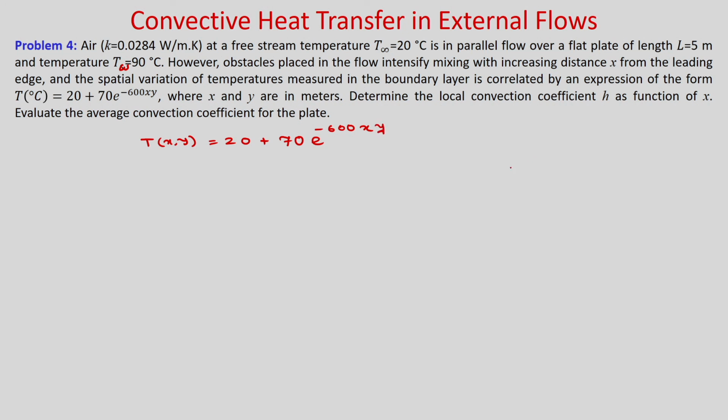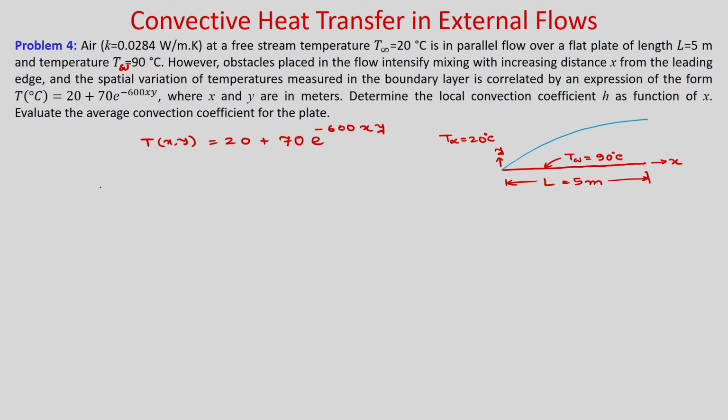Okay. So, if you consider a flat plate, L is 5 meter, your free stream temperature T infinity is 20 degree centigrade, your surface temperature T w is 90 degree centigrade, and y is measured perpendicular to the plate and x along the plate, and your boundary layer thickness will be like this.